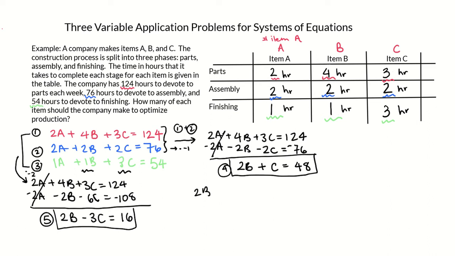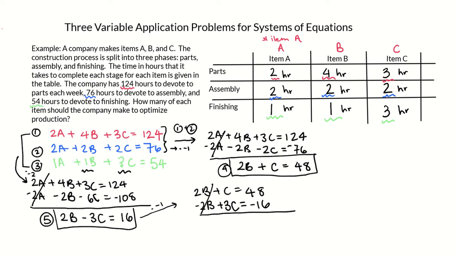So we'll just rewrite it. 2B plus C equals 48. Let's multiply equation 5 by a -1 to get -2B. And that changes the sign of the C to +3 and changes the 16 to a negative 16, so just changes the sign of each term in equation 5.